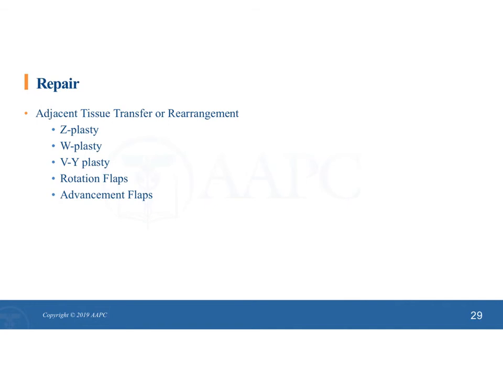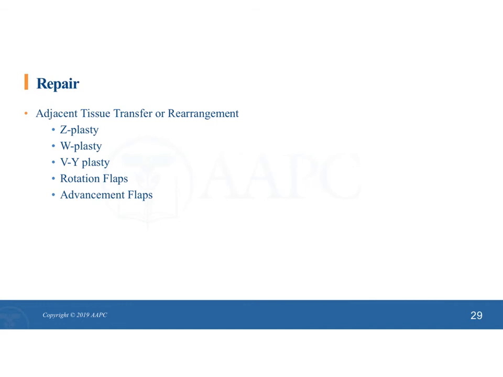The next subheading is adjacent tissue transfer or rearrangement. Adjacent tissue transfer has the acronym of ATT. These codes include the excision of the lesion. Therefore, you would not code the excision of the lesion as well as the ATT.